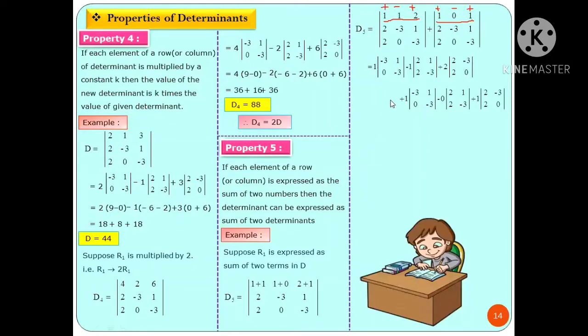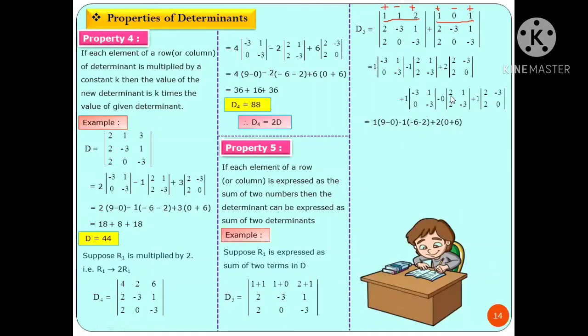Now solving these determinants. First one: minus 3 into minus 3 becomes 9, 9 minus 0. Then 2 into minus 3 is minus 6, minus of 2 becomes minus 8. 2 into 0 is 0, minus 2 into minus 3, minus 6, becomes plus 6. Check: 1 multiplied by 9 minus 0, minus 1 multiplied by minus 6 minus 2, 2 multiplied by 0 plus 6.